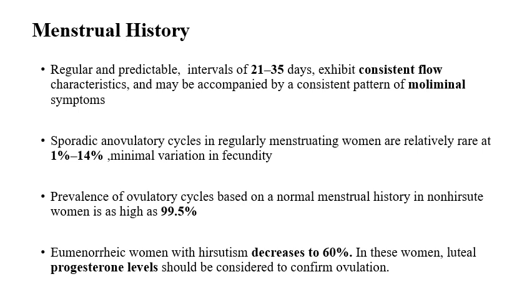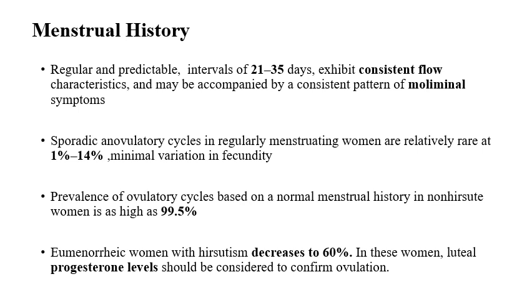Menstrual history is a very important part of infertility evaluation. If the menstrual cycle is regular and predictable, occurring at an interval of 21 to 35 days with consistent flow characteristics and accompanied by a consistent pattern of molimina symptoms, then most likely the patient is ovulating.